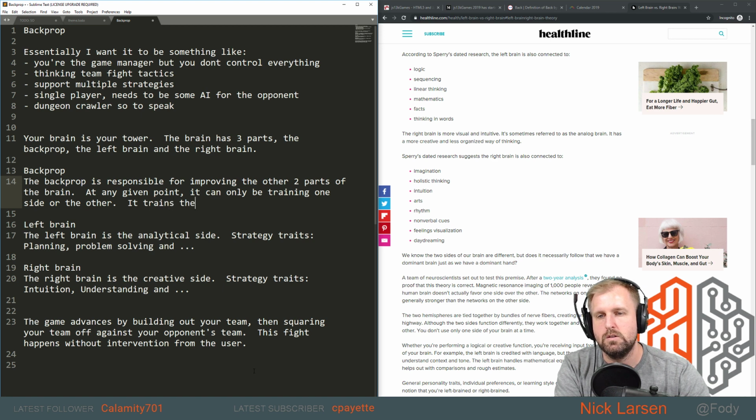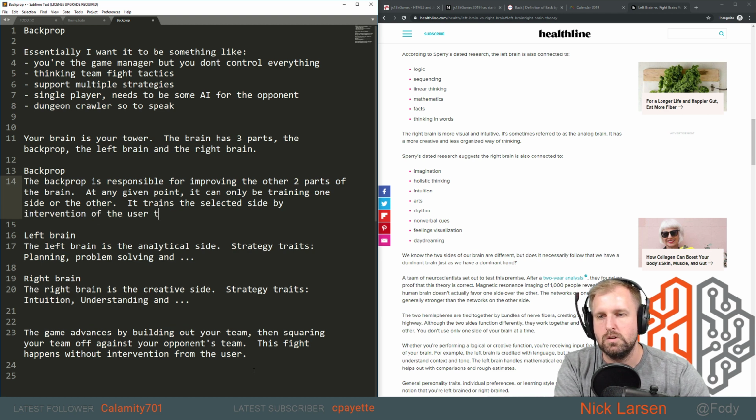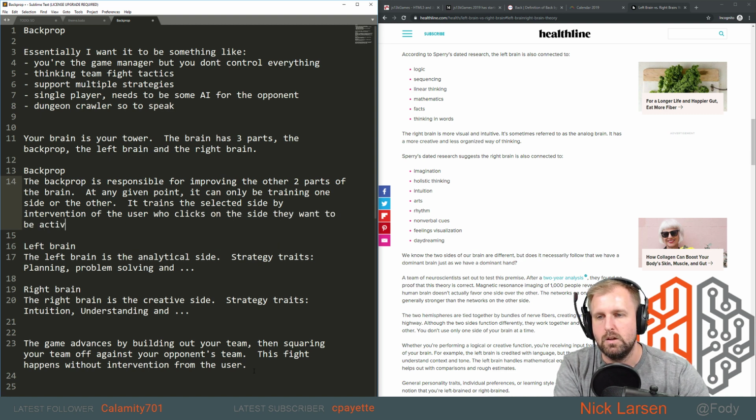It trains the selected side by intervention of the user, who clicks on the side they want to be actively training.